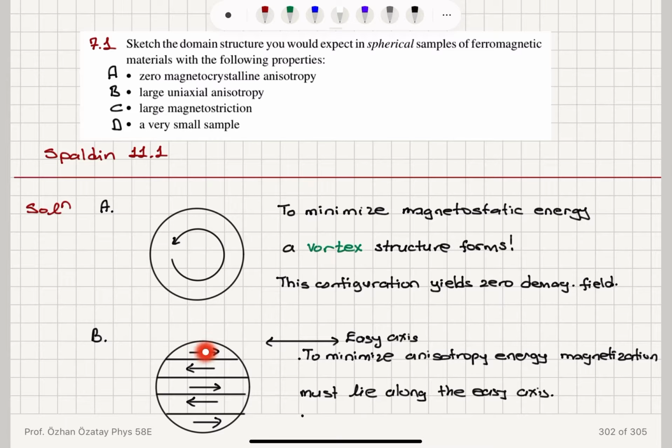You can see this is basically to minimize the magnetostatic energy. So overall we have these north-south pairs forming along the edges of the specimen.